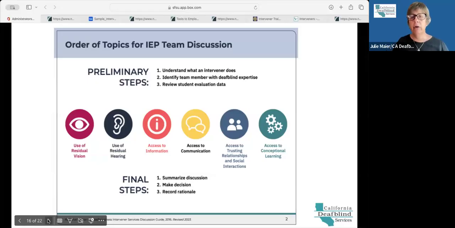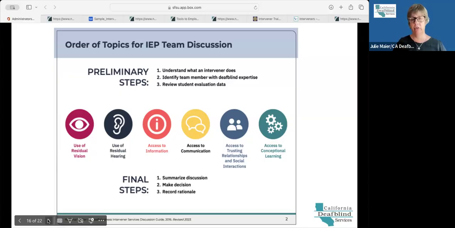So this is the order of using the tool. First, the team spends time understanding what an intervener does, which we're doing now. Next, they identify a team member that has deaf-blind expertise. In California, that could be a teacher of the deaf and hard of hearing, a teacher of the visually impaired, or a special education teacher of extensive support needs.